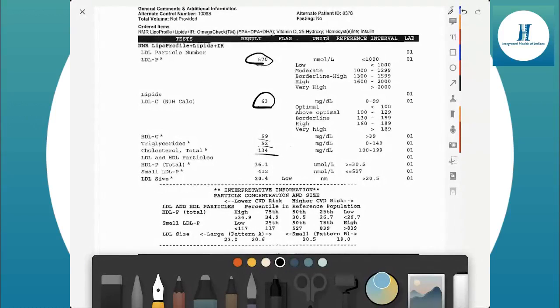We don't see this a lot. If anything, this patient has been working on their values. Before they had all kinds of issues, but they didn't have a good lipid profile. And what we're seeing now is this 134, this says between 100 and 199.